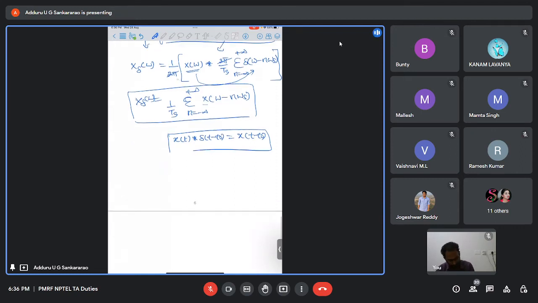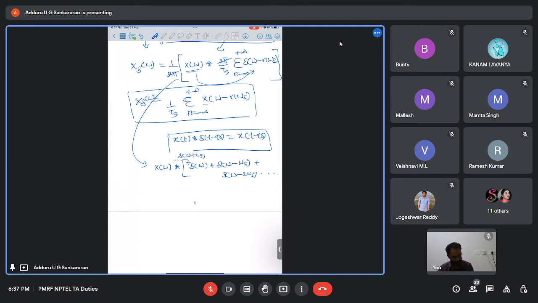If we have any confusion in this, we can write this like x of omega convolved with delta of omega plus delta of omega minus omega s plus delta of omega minus 2 omega s, like this. We expand this side also, delta of omega plus omega s.